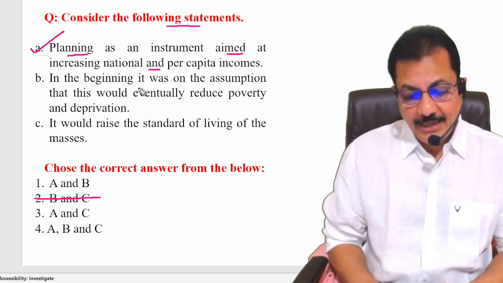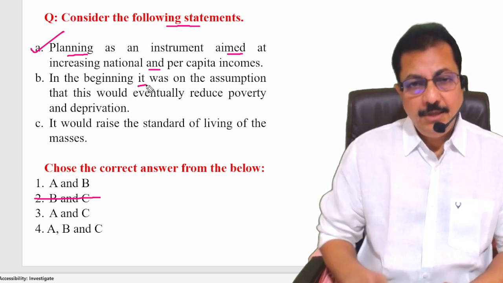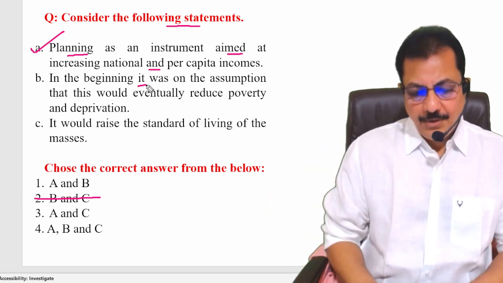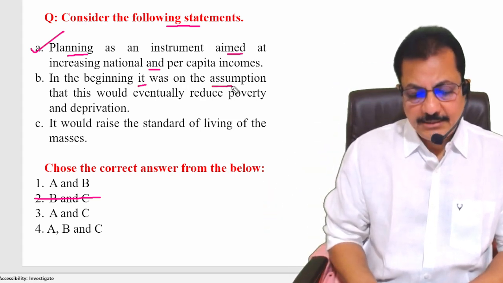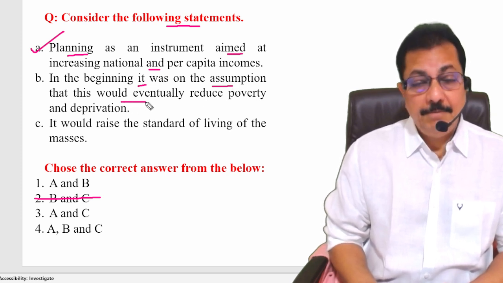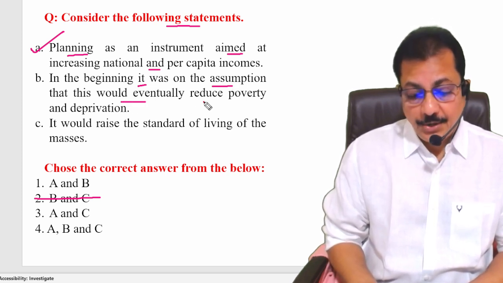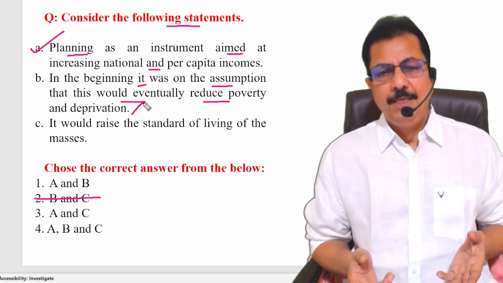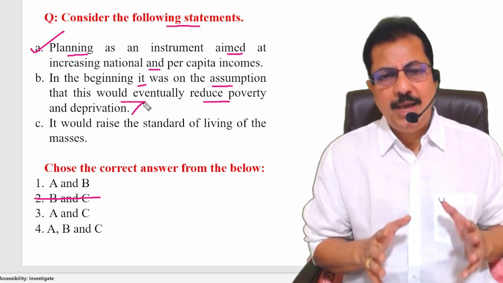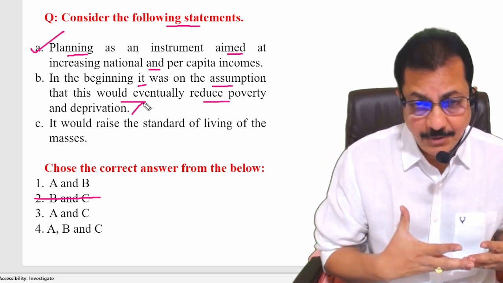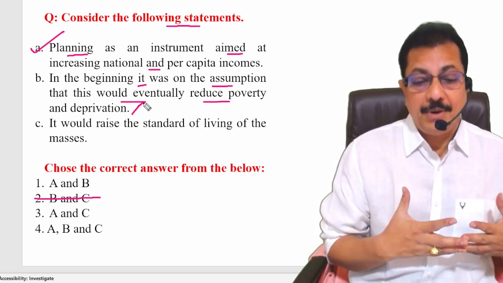In the beginning means before we commenced the planning. At the time of planning, there was an assumption that planning would eventually reduce poverty and deprivation. That was the basic idea why we have adopted the planning, for the purpose of reduction of the poverty and deprivation.